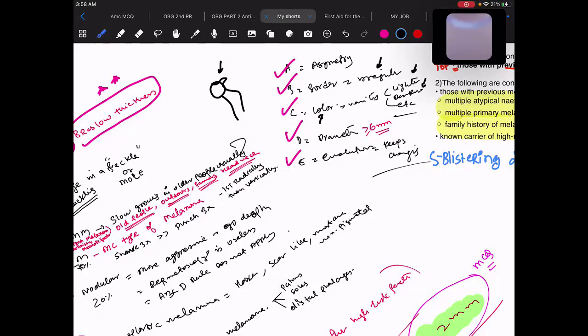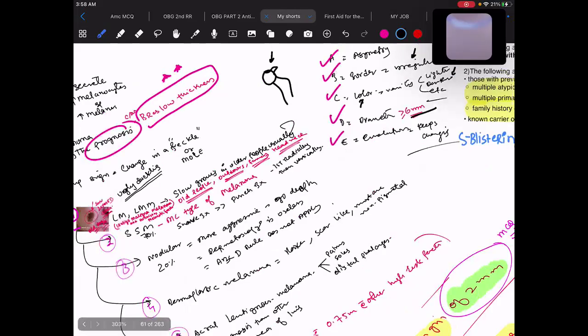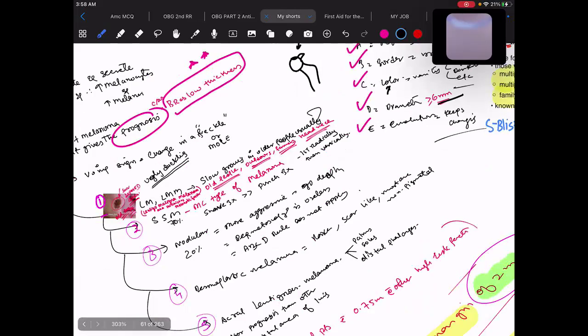Then if the diameter is more than or equal to 6 mm, again it is a suspected case of melanoma. Evolution: if it keeps on changing its shape or size, that is where we suspect that the patient can have melanoma.